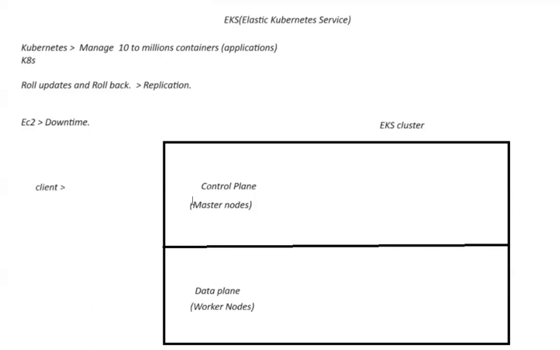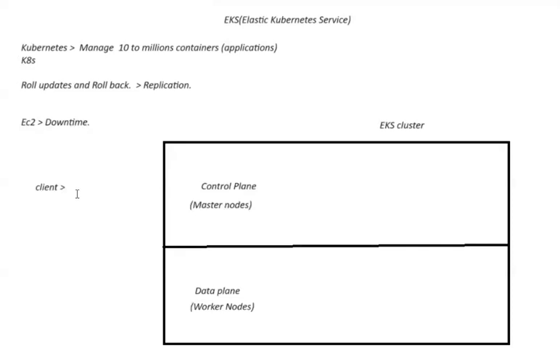That request first reaches the control plane, and then from the master nodes the request reaches the data plane, where we have worker nodes. These worker nodes process and provide the response back to the client. So this is the top level view of your EKS cluster. Let's move on in depth.